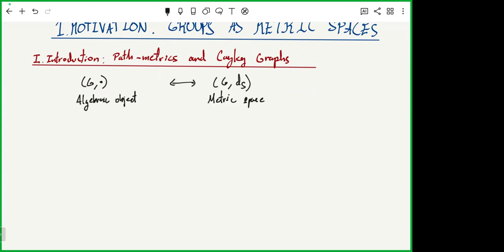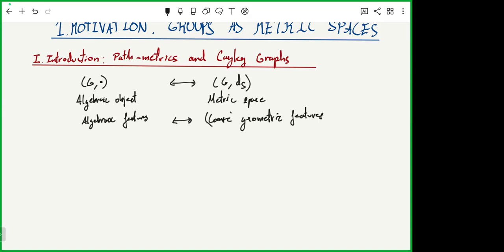The whole philosophy of geometric group theory is that algebraic features of the group will correspond to coarse geometric properties or features of G, seen as a metric space.